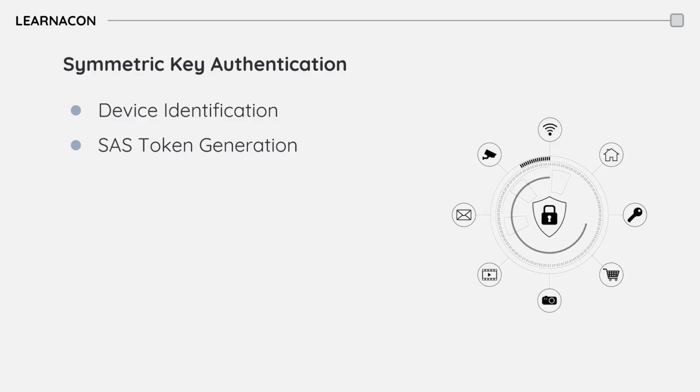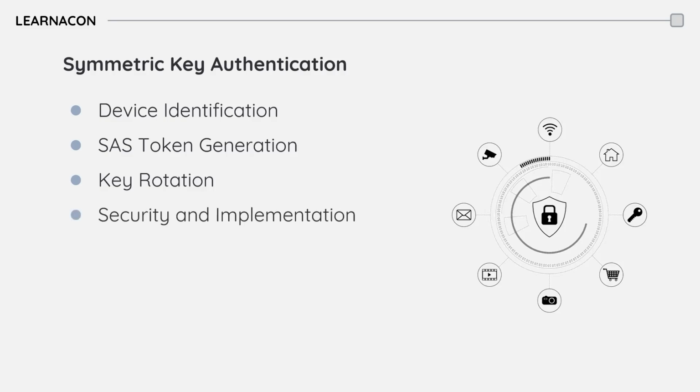The use of both primary and secondary keys allows for seamless key rotation, enhancing security without disrupting device operations. Symmetric key authentication is straightforward to implement and provides a reliable mechanism for device identity verification.